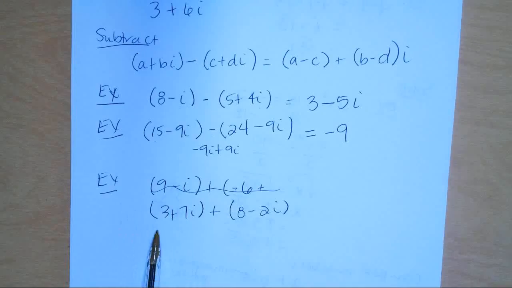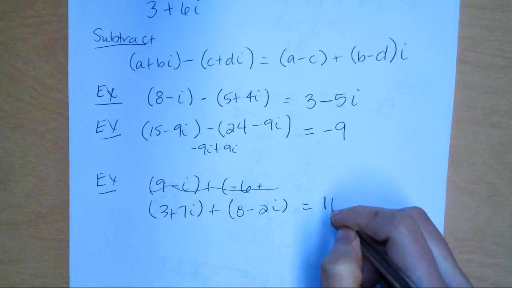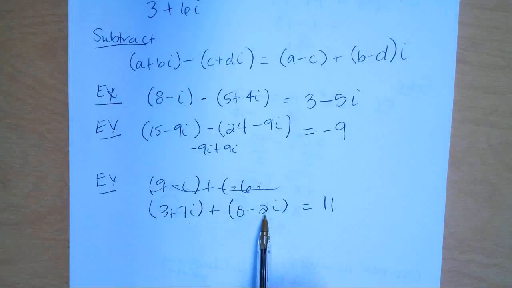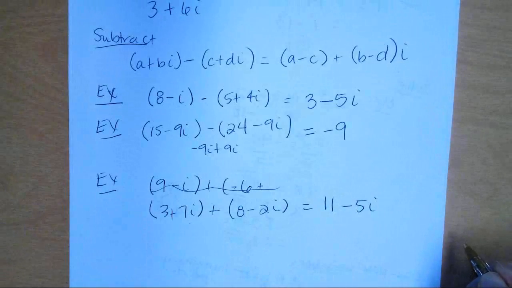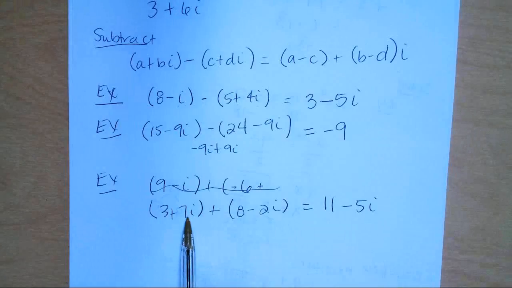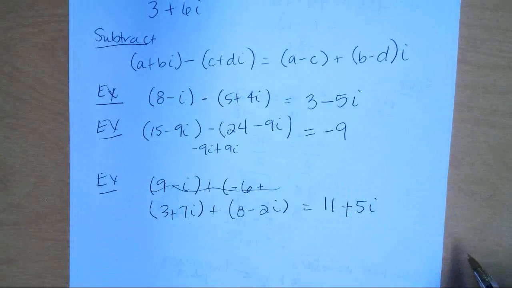What is 3 plus 8? 11. What is 7i minus 2i? Negative 5i. Oh, no, it's not. Just kidding.